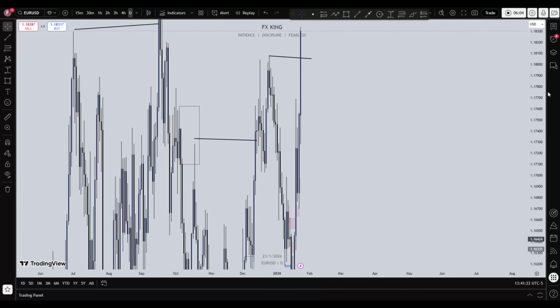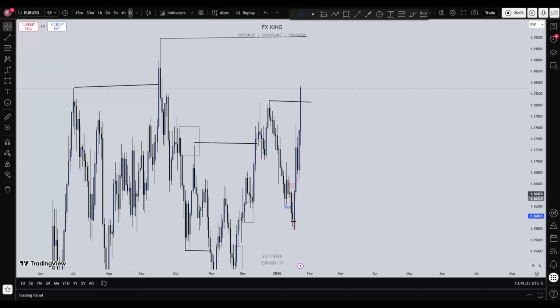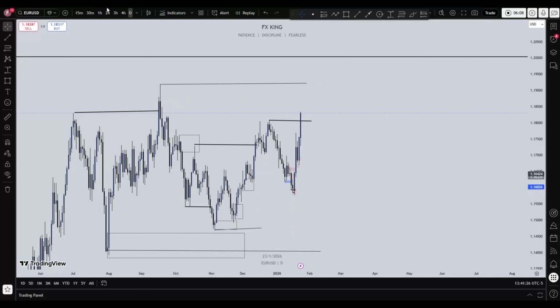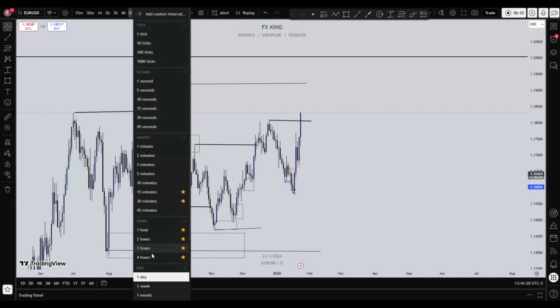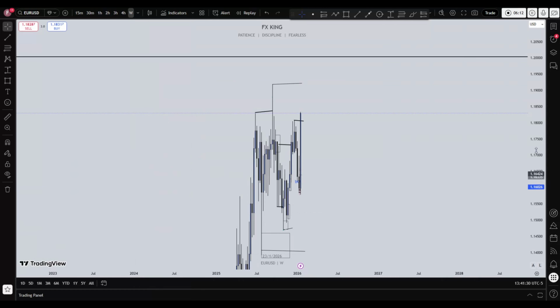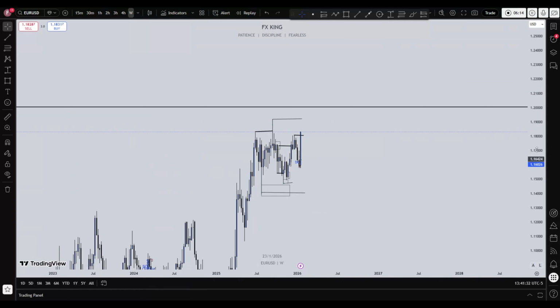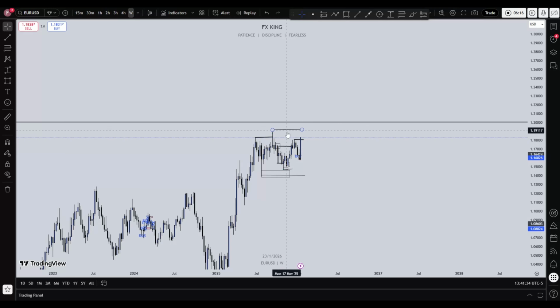If you look at it from a daily time frame perspective, let me see. Not the daily. Let me look at the weekly. There's not really anything, but EU is going to likely take out this high.